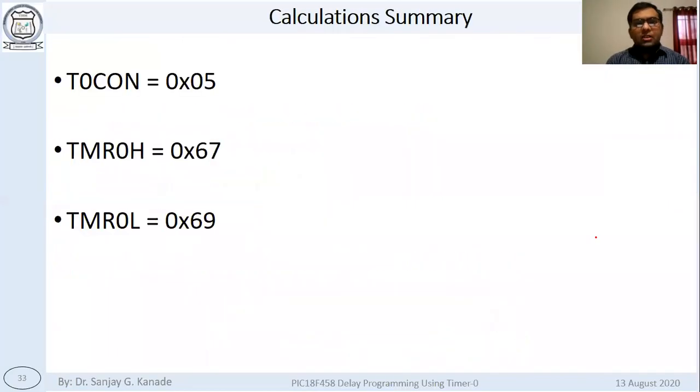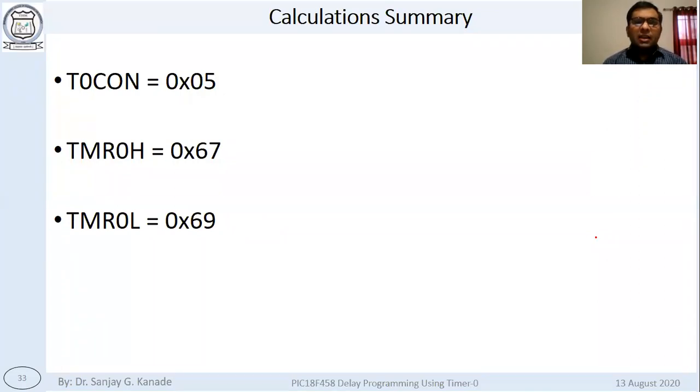Okay, so here is the summary of what we have seen about the calculations. Remember that we are generating a 1 hertz pulse square wave, 1 hertz frequency, 50% duty cycle, meaning half of that time will be on and half of that time will be off, and the crystal frequency that we have for the microcontroller is 20 megahertz.